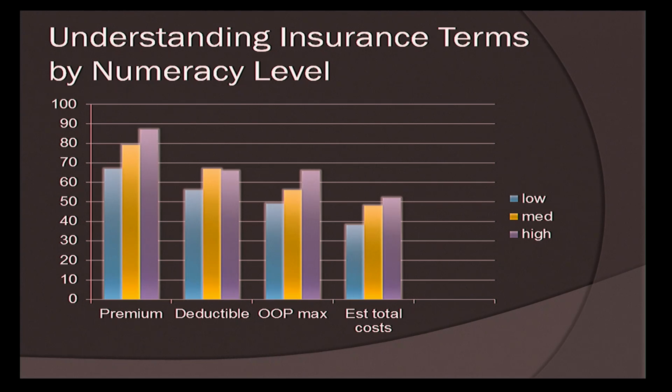So this is just an early look at how people with different numeracy levels understand the words that are often used in the exchanges. And this is the language around cost. And as you can see, people who have lower numeracy are less likely to understand these terms. And numeracy refers to the ability to derive meaning from numbers.